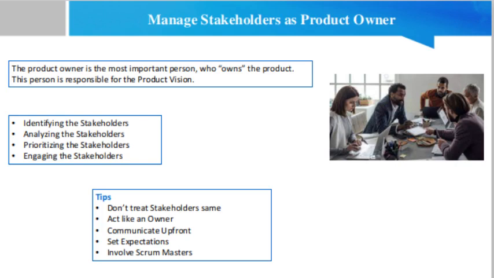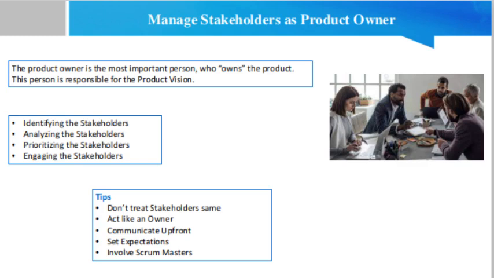Once we list down and identify the stakeholders, it is easy for us to categorize them based on different aspects. This whole process is identifying the stakeholders. Once we know them, it is easy for us to manage them.